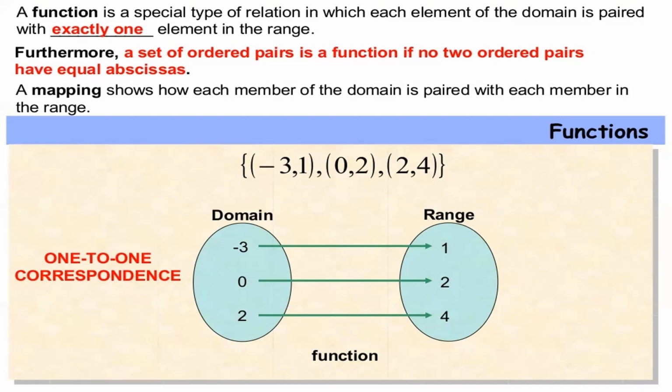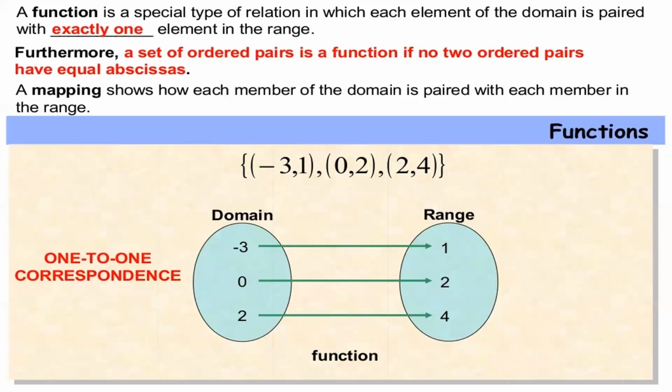A mapping shows how each member of the domain is paired with each member of the range. So when we say mapping, this is one of the ways that we can identify if the given set of ordered pairs is a function or not.